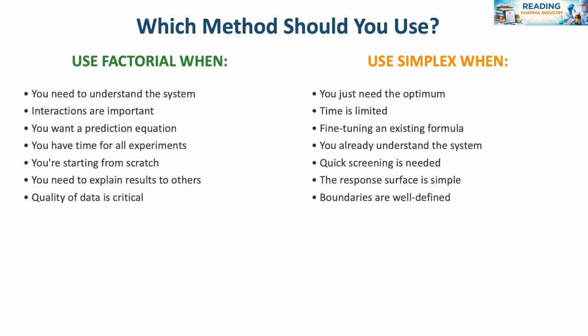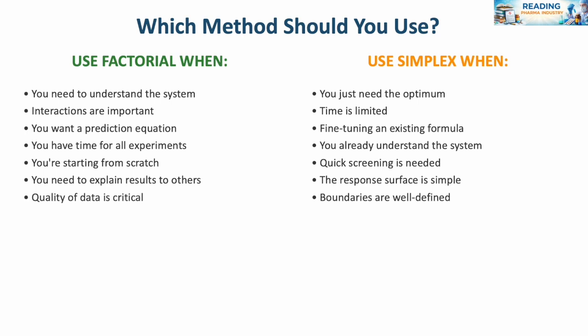Of course, this requires more time, and if we have the time, that will be the right way to do it. We start from scratch, and we need a justification or explanation to others, a way to communicate the data. And it's really important to have good quality data, because we're going to use it for the prediction and data fitting.